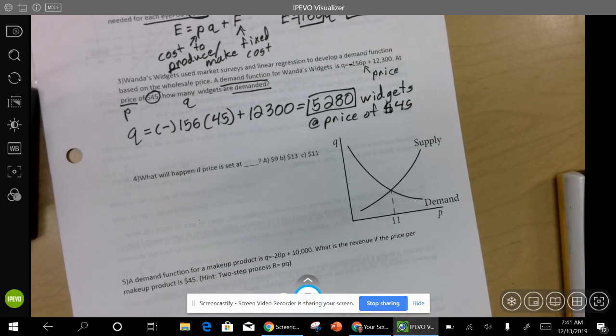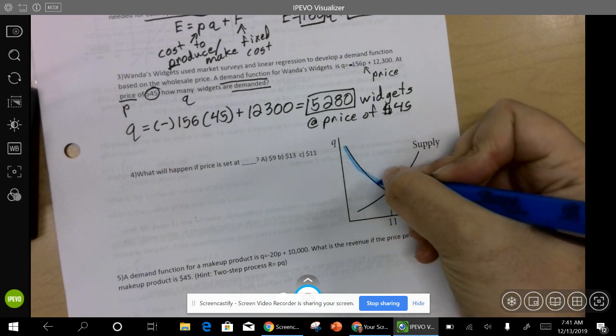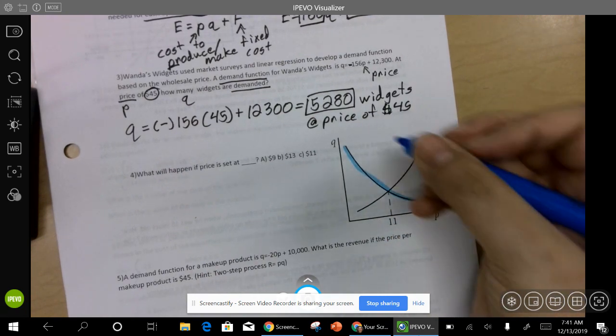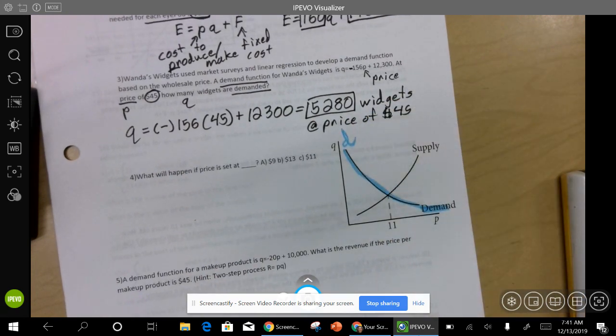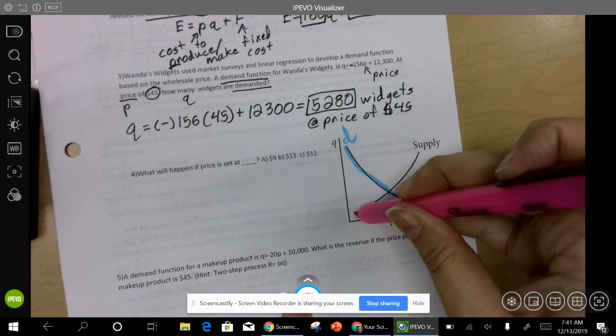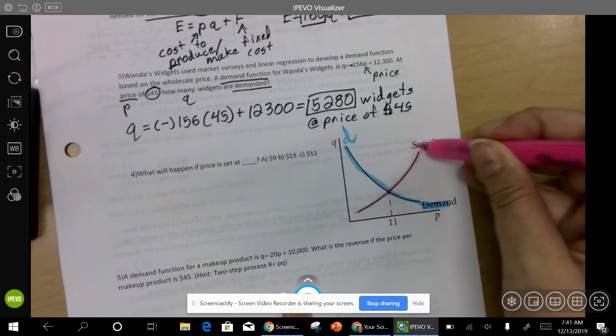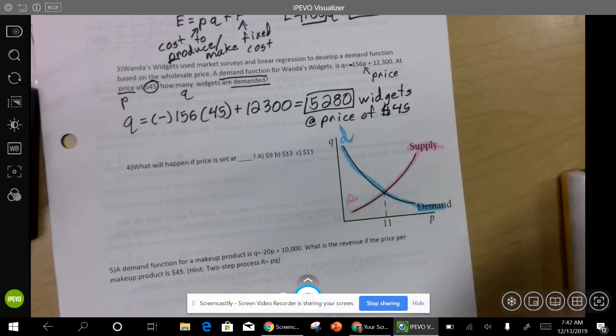Okay, so this one is for our supply and demand ones. So this is the demand. Remember, everybody, this is the demand, and then this is our supply. Supply, remember, is how many you have on hand, how many of an item, how many widgets you have. So we're going to look at it.